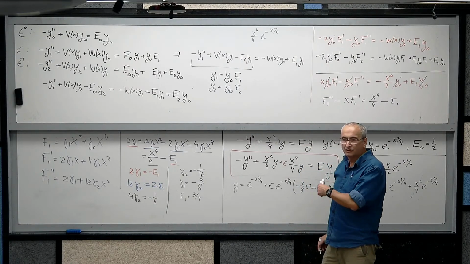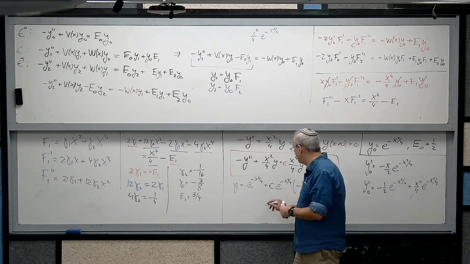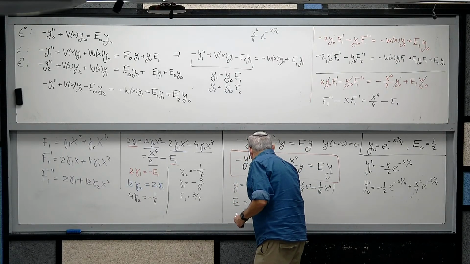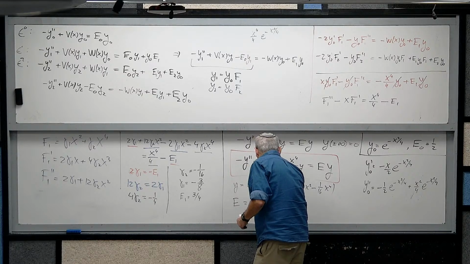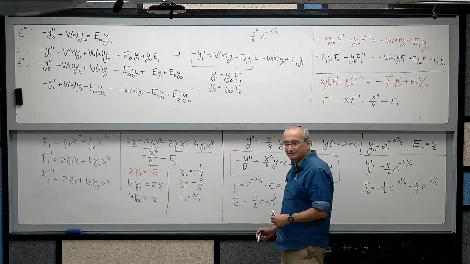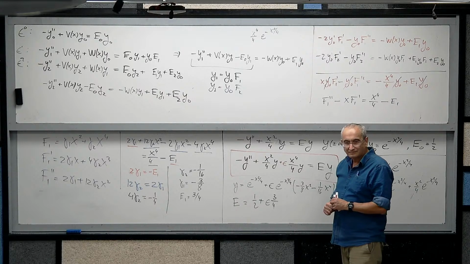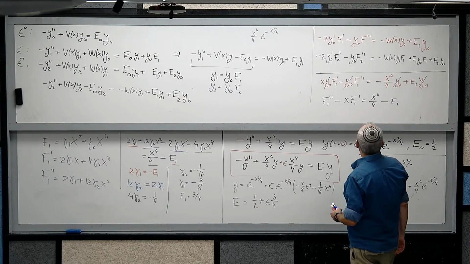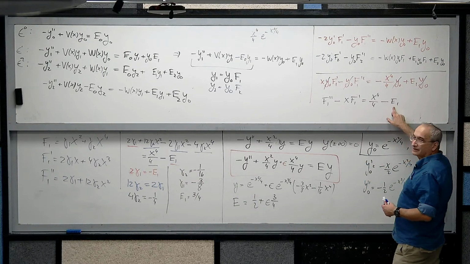Right? This is the first order correction to the wave function, and E is 1/2 plus epsilon times 3/4. You see? Good. Now, so this was the first order equation.